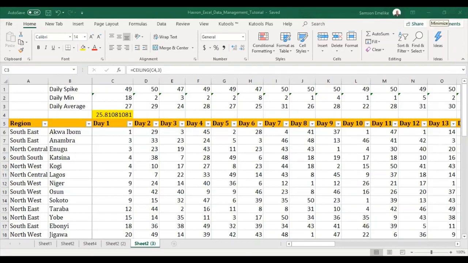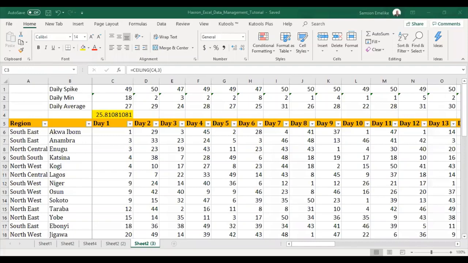Donat is asking, where did the function argument come from? I have answered that. Is insert function the same as function argument? No. Insert function is where, for instance, you want to type SUMIF. You press equals, and then you start typing SUMIF. If you don't want to type it, you can just go and insert it.